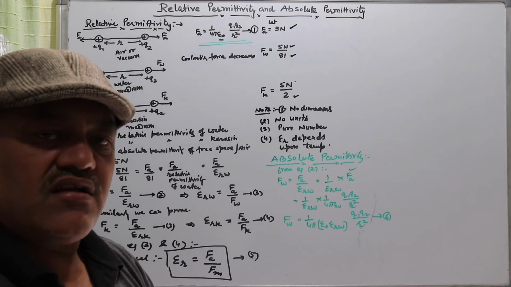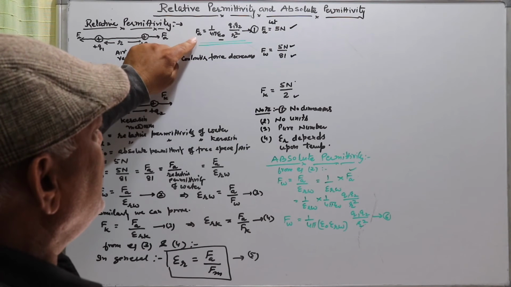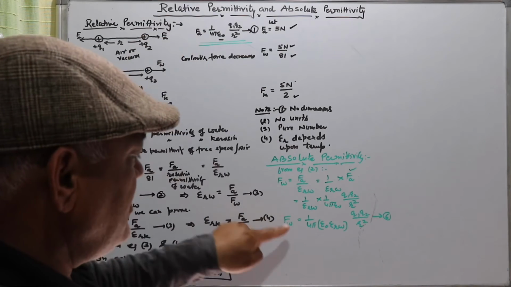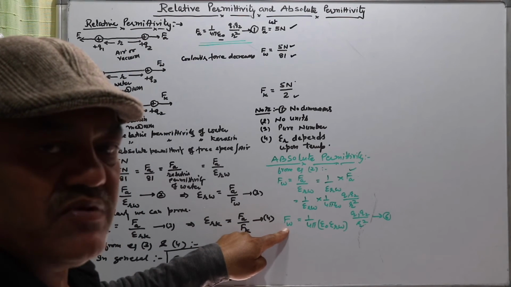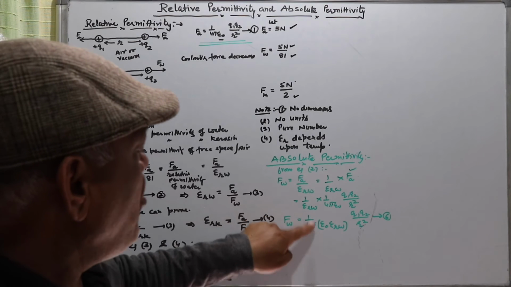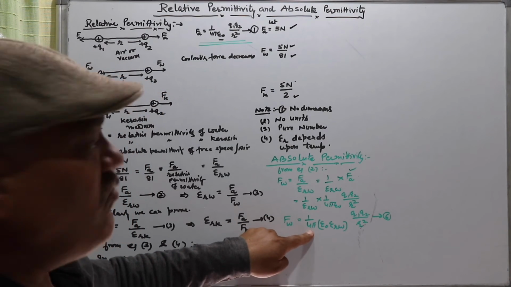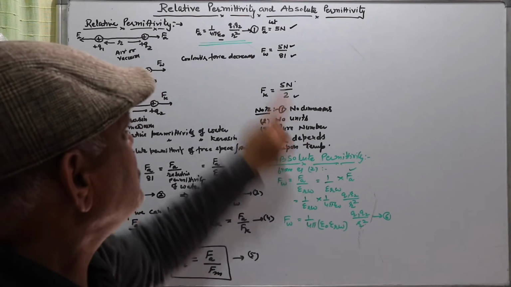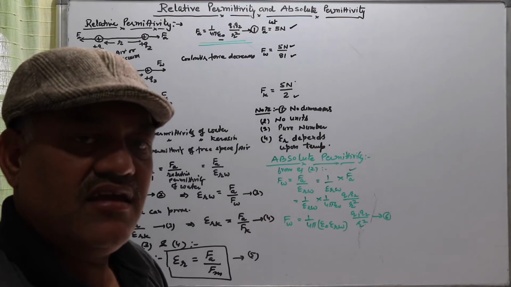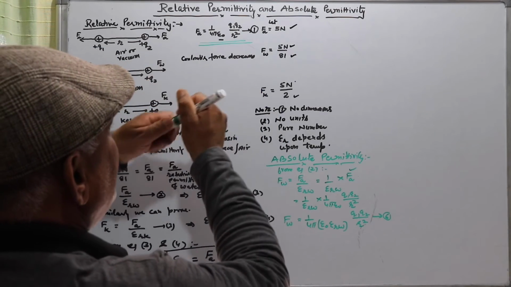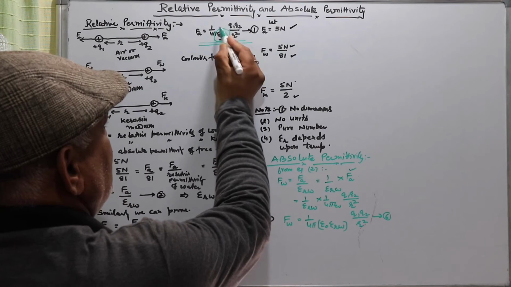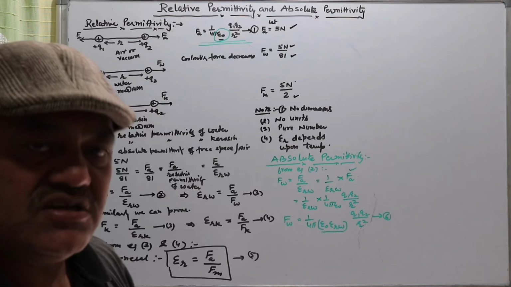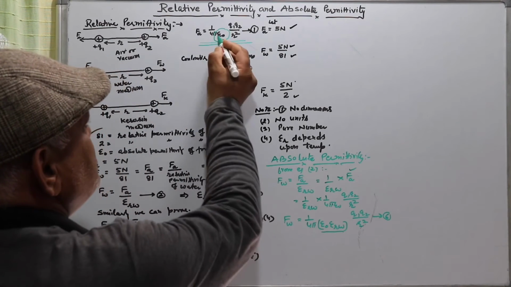Fa is the Coulomb's force between the two stationary point charges when placed in air. Here also it is the Coulomb's force between the same two charges, but in water. 1 upon 4 pi, Q1 Q2 upon R square, everything is the same. The only difference is here there is epsilon naught, and here there is epsilon naught epsilon Rw. But you know that this epsilon naught is a constant.